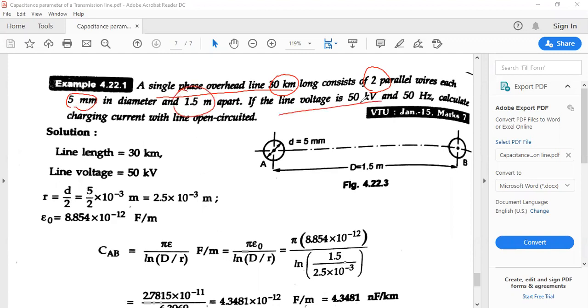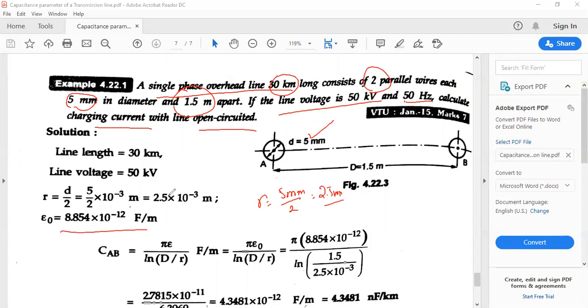If the line voltage is 50 kilovolt and the frequency is 50 hertz, calculate the charging current with the line being open circuited. So list down the two conductors A and B. The diameter is said to be 5 millimeter. So what's the radius? 5 millimeter divided by 2, that is 2.5 millimeter is the radius.